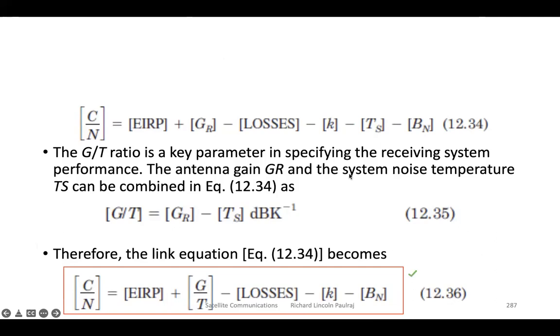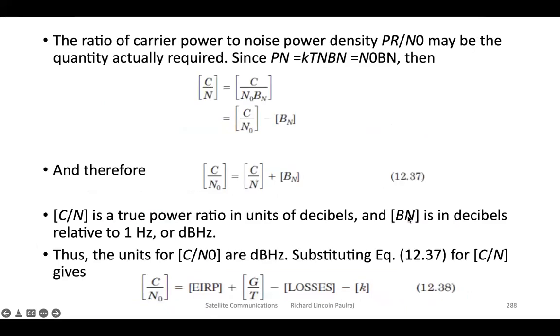So it's a combination of EIRP, gain, losses, Boltzmann constant, and the bandwidth allocated for noise. These are the terms involved. Fine. Now we'll try to have a small breakup of them and understand what these terms are referring to.